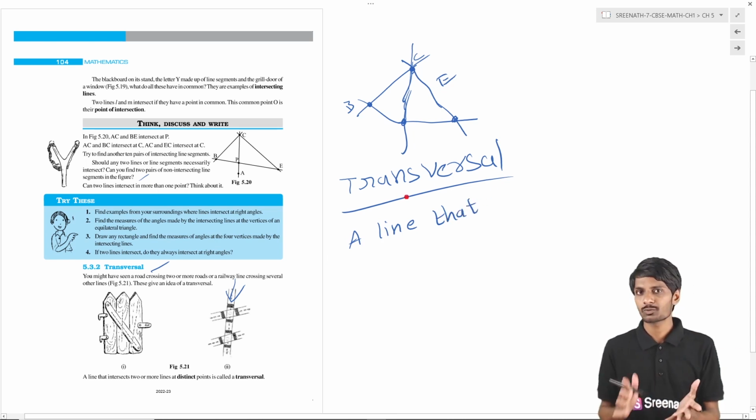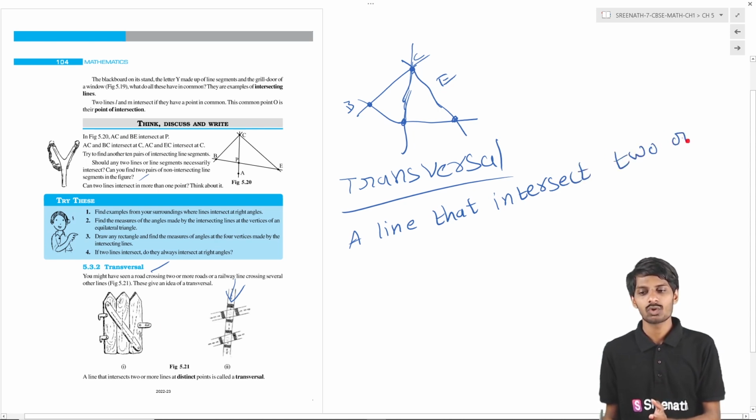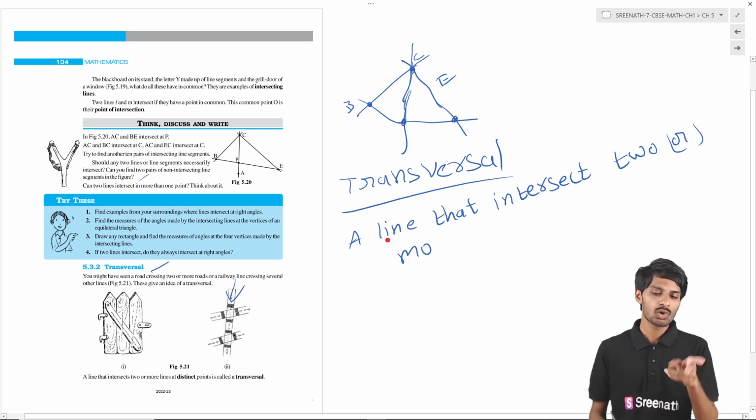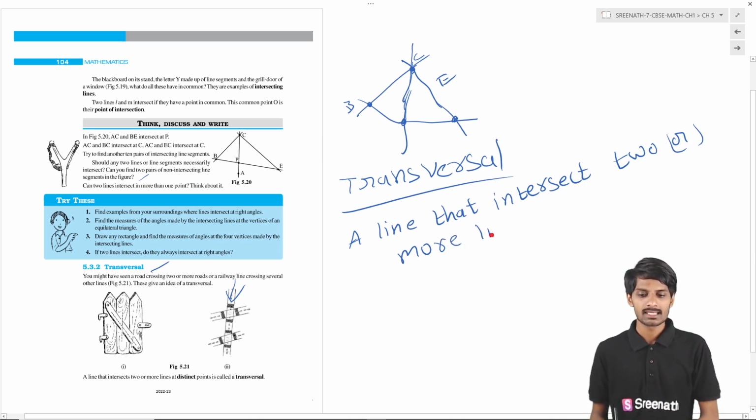What is the special qualification for that line? That line will intersect 2 or more other lines. So basically a transversal is a line that intersects 2 or more lines at distinct points.